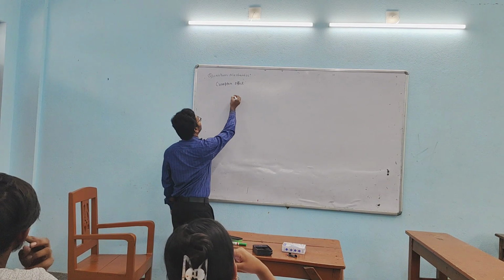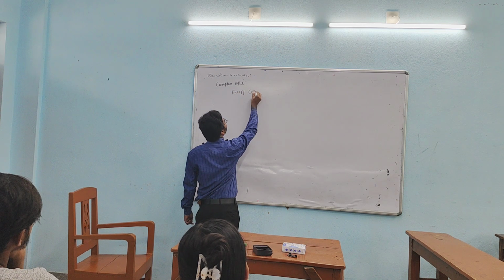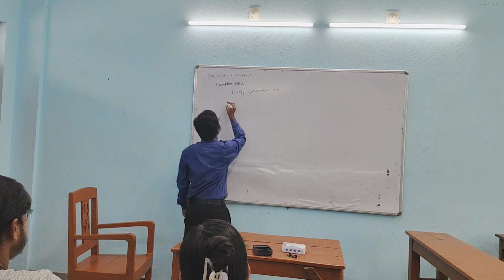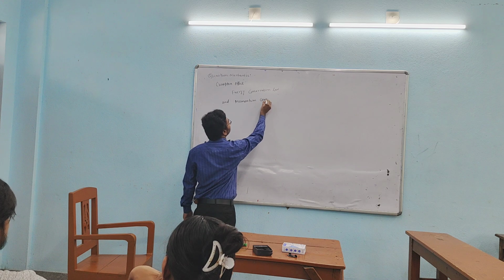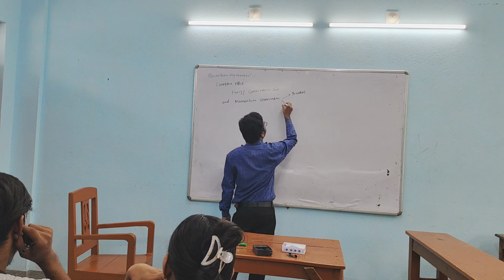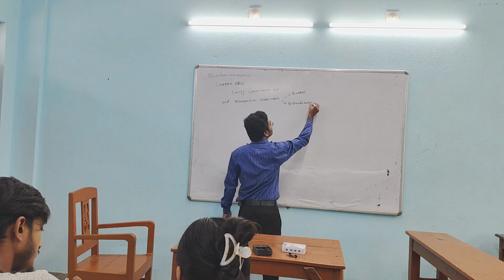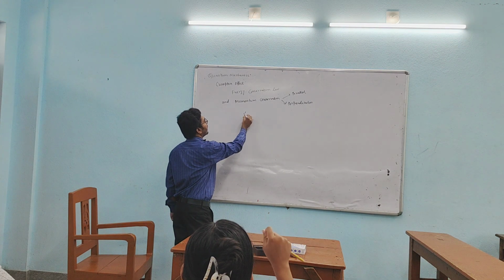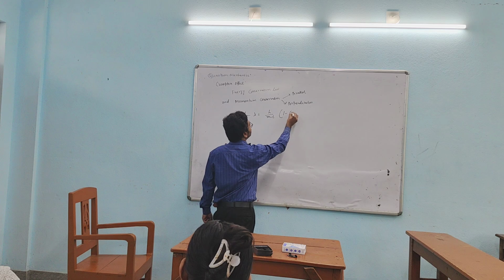So from this energy conservation and momentum conservation, for both parallel and perpendicular directions, and doing some small calculation, what we have got is lambda dash minus lambda equals h by m naught c times one minus cos phi.